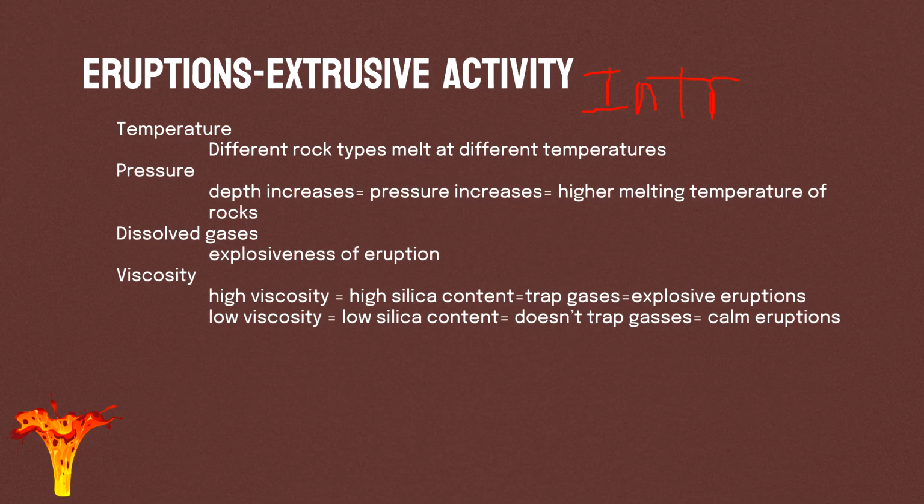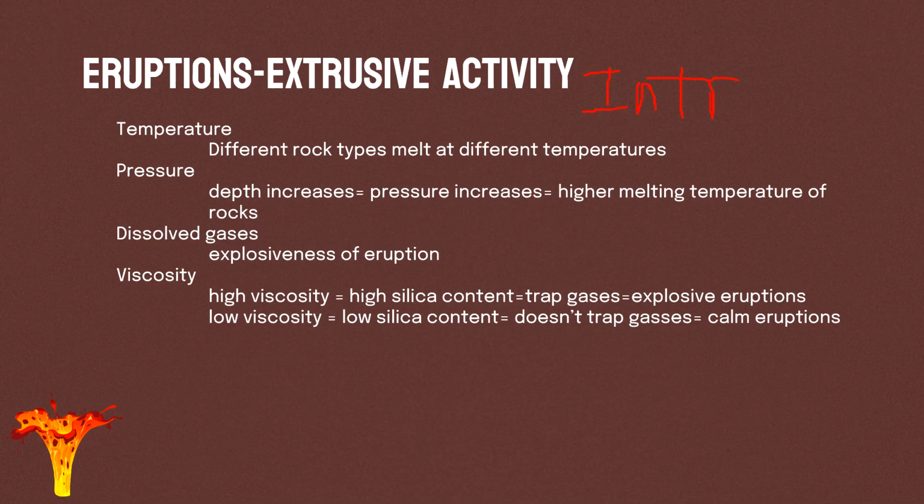If you have a very light element magma, it's going to melt at a lower temperature than a very dark element magma. Pressure, and if you remember from the previous chapter, as depth increases in Earth's crust, pressure increases, and when those two increase, that means the melting temperatures for these rock types also increase.